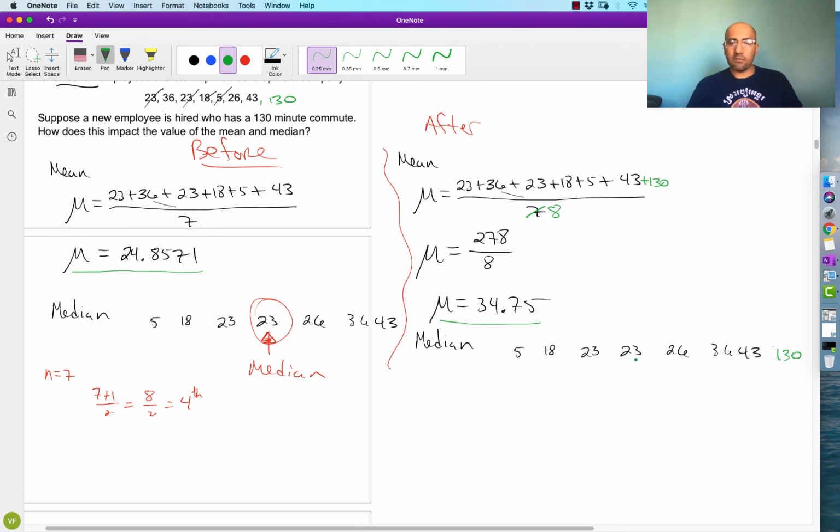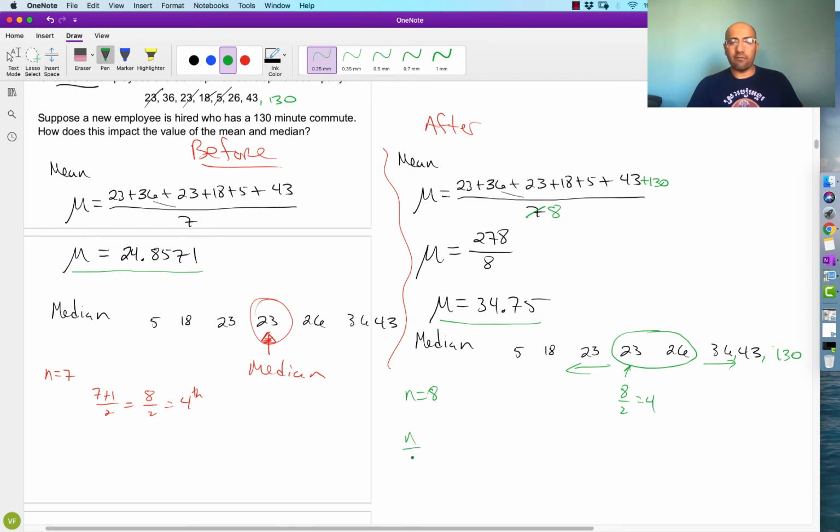So the median is going to be the mean of these two numbers. There's 3 that way and 3 that way. That's because now n equals 8, which means we're going to have to deal with the value in the 4th spot, 8 divided by 2 equals 4.